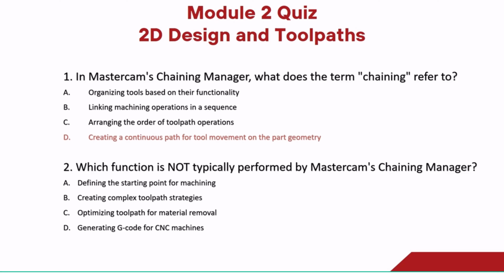So the right answer is option D, generating G code for CNC machines.